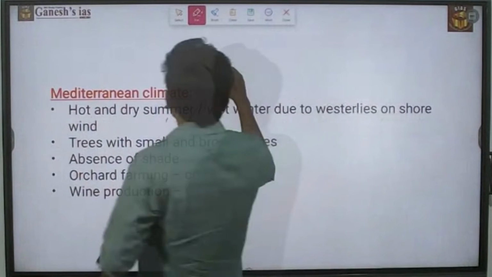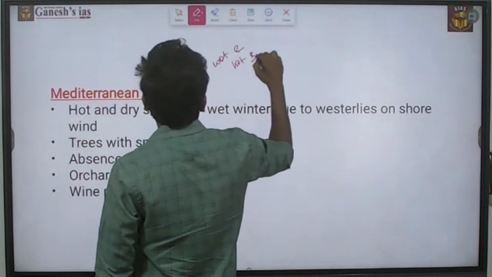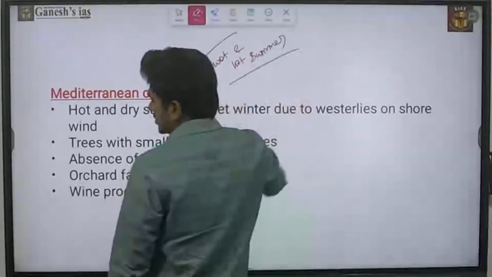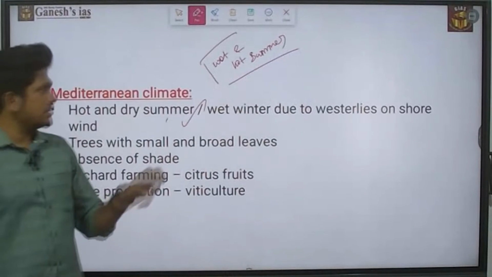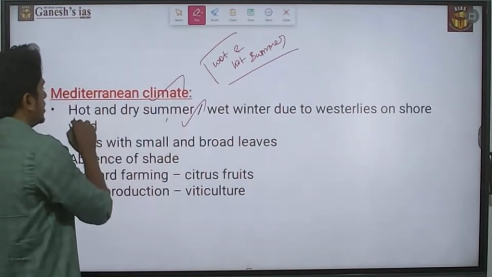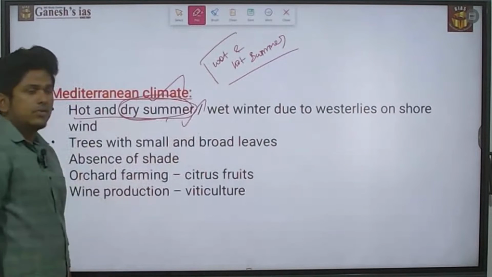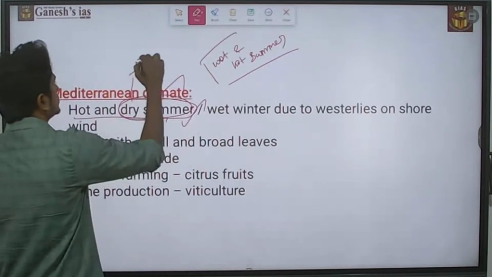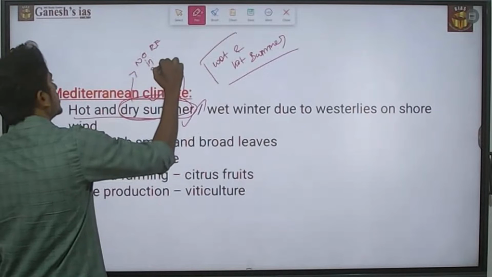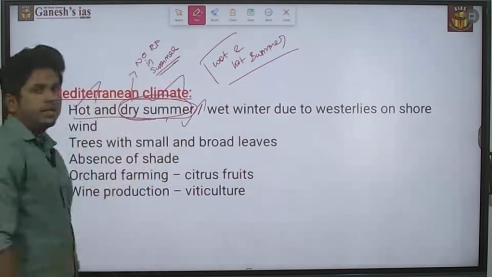So the summer will be a wet and hot summer for most of the climates. Which means in the summer season there will be rainfall, but in this Mediterranean climate it will be a hot and dry summer, which means no rainfall in summer. That is the unique feature of this Mediterranean region.